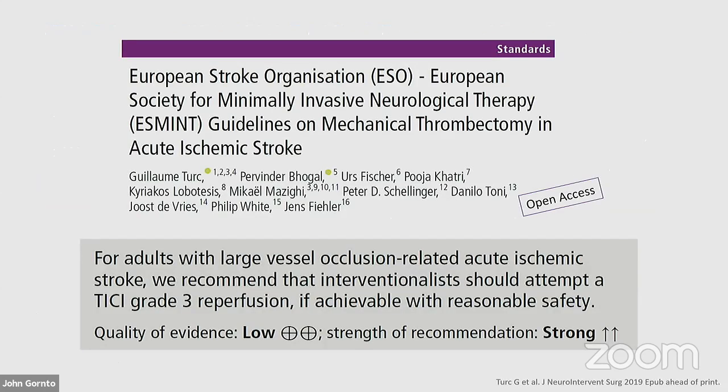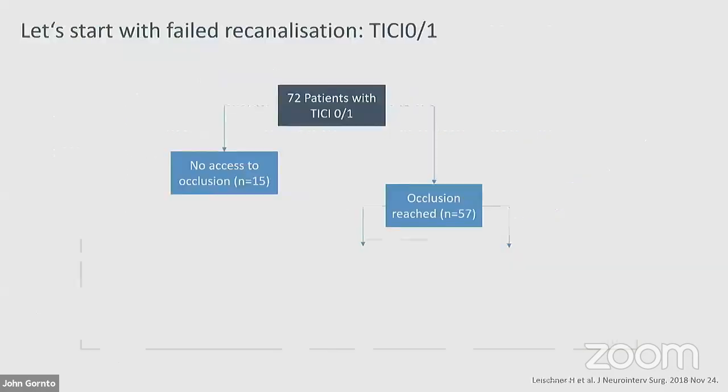We recently published the guidelines of the European Stroke Organization and the European Society of Minimally Invasive Neurological Therapy, ESMINT, and the therapy goal, based on a GRADE-type review, is TICI grade 3 reperfusion. Why? But let's start with TICI 0/1 first.